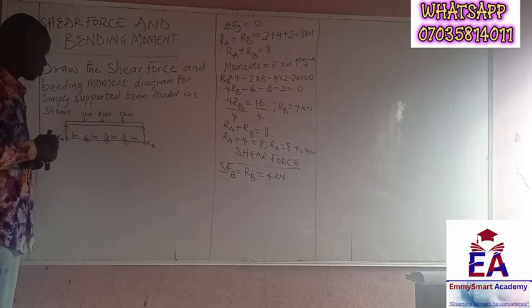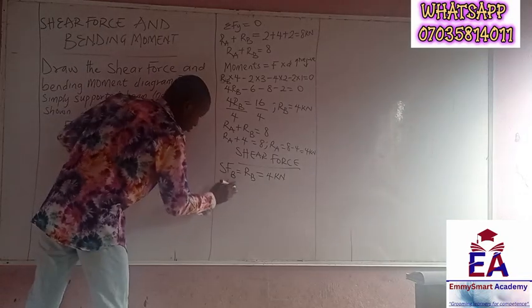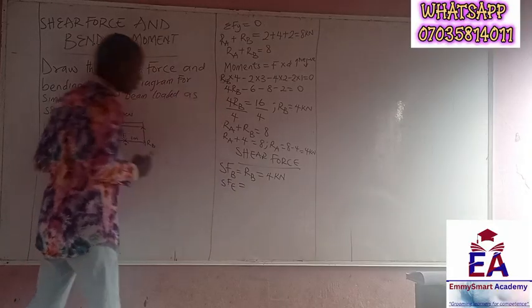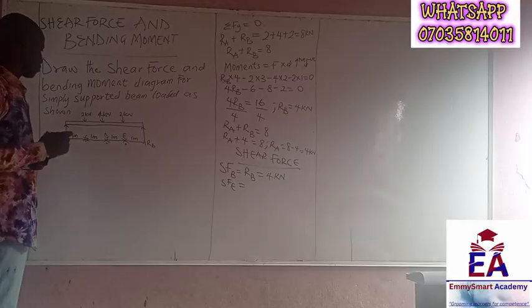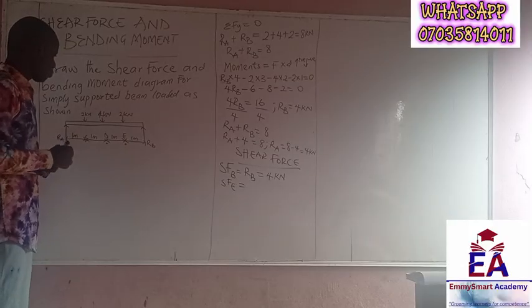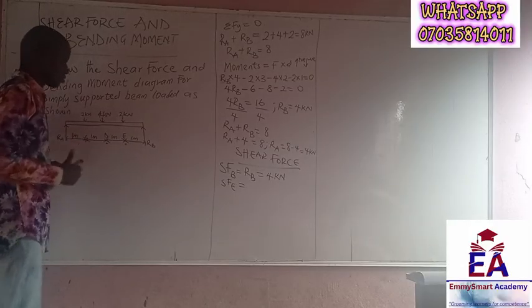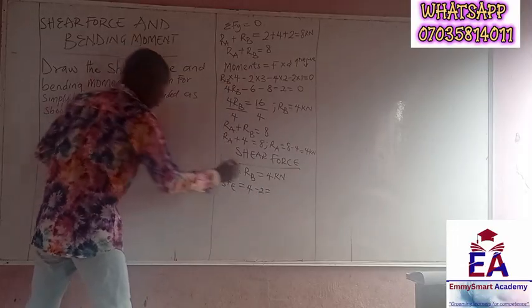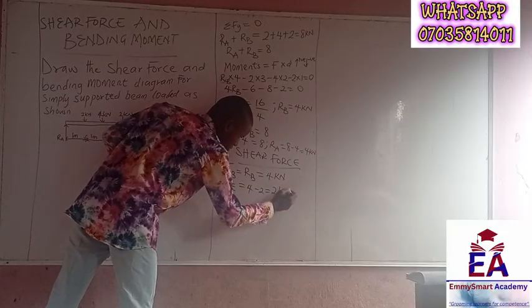shear force at point E. Shear force at point E will be equal to the shear force at point B minus this. We have 4 minus 2, and that will give us 2 kilonewton.